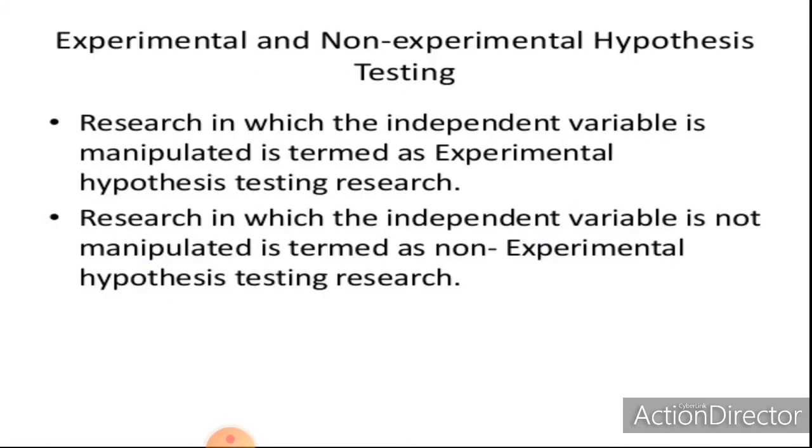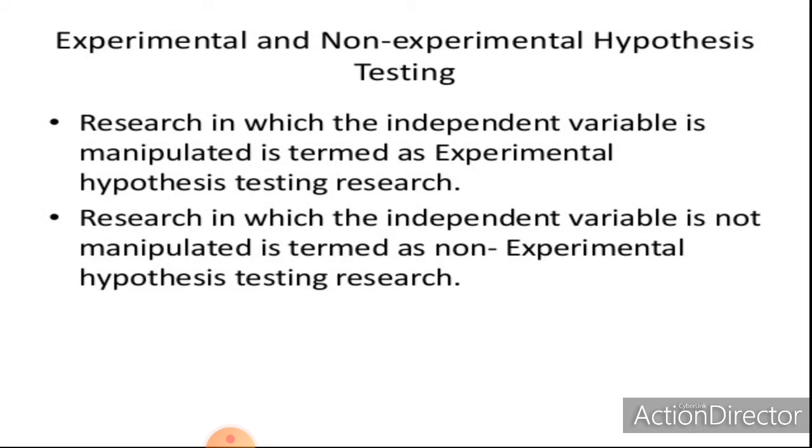Next concept is experimental and non-experimental hypothesis testing. Research hypothesis may be experimental hypothesis and non-experimental hypothesis. When an independent variable is manipulated in a research, such a research is known as experimental hypothesis testing research. If the independent variable is not manipulated, it is called a non-experimental hypothesis testing research.